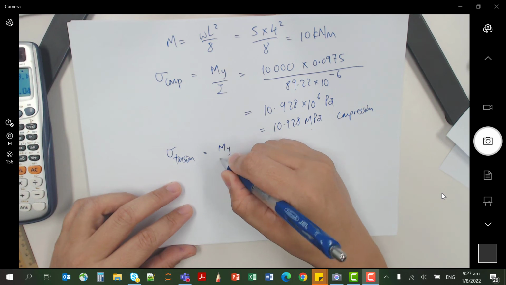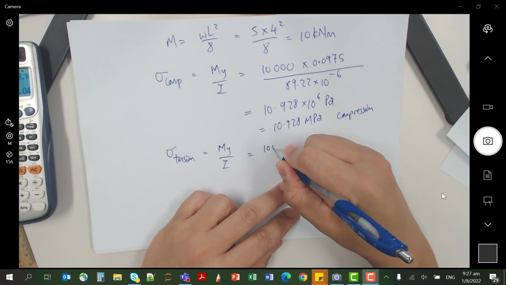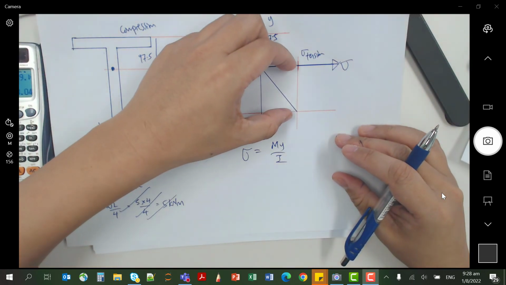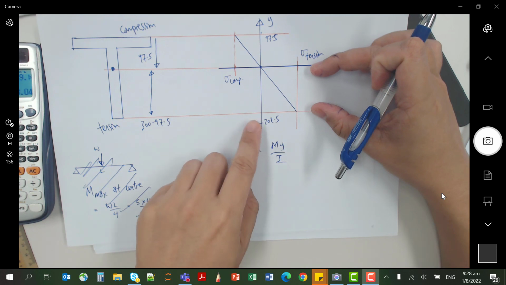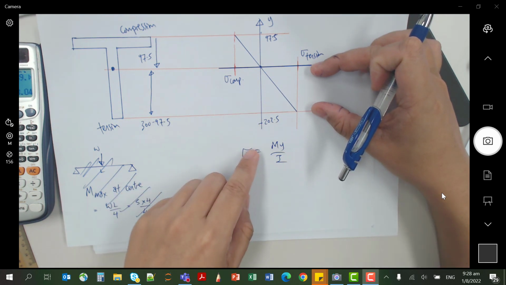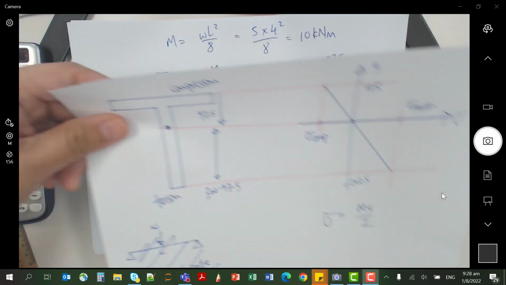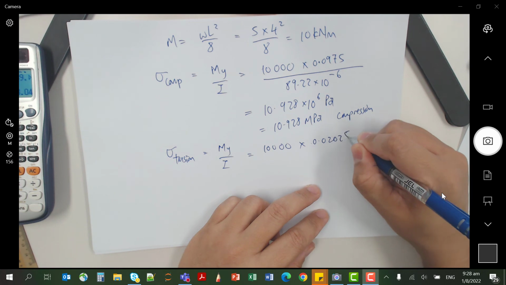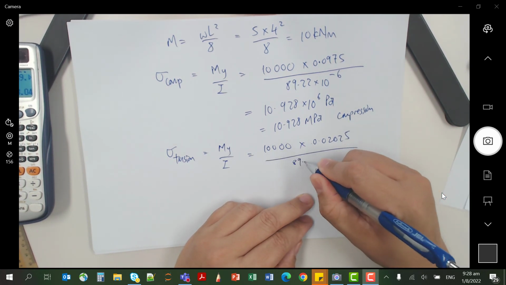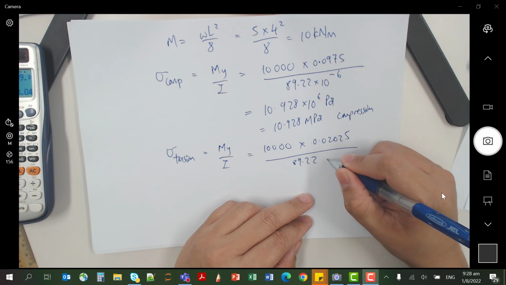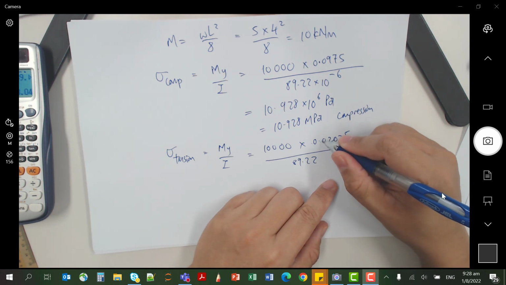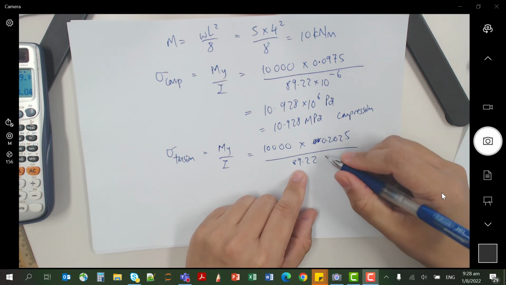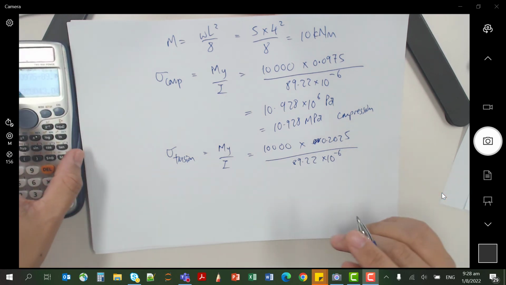So how do we find the tension? Also My over I. M is the same, 10,000. Y, this time, is this height here, 202.5, which is 0.2025 meters, over 89.22 times 10 to the power of minus 6.